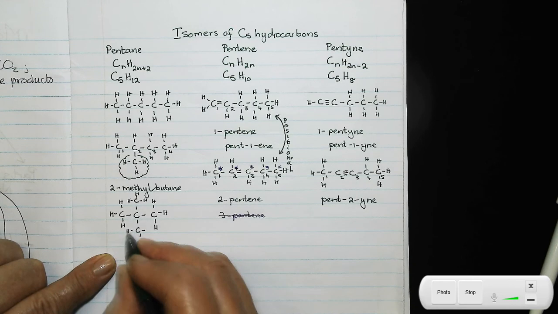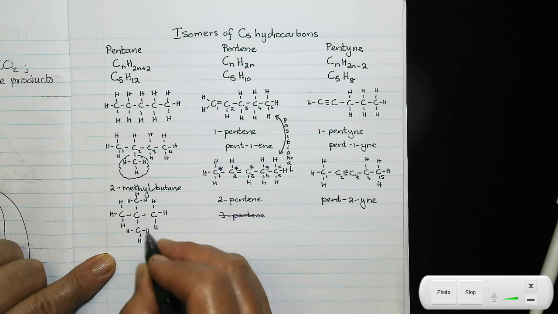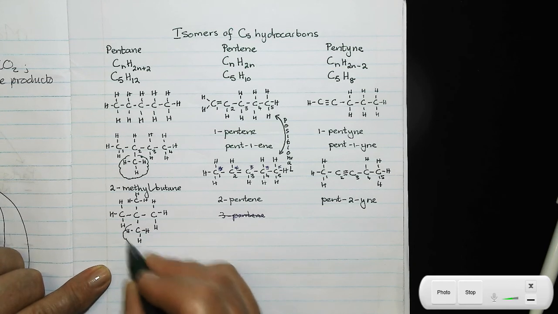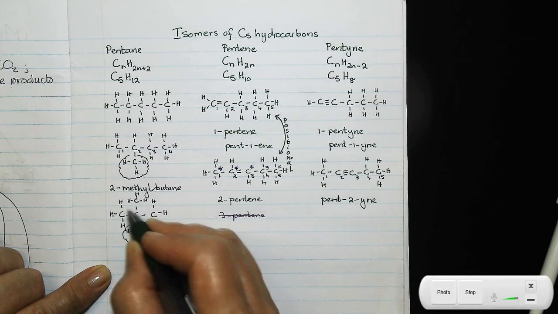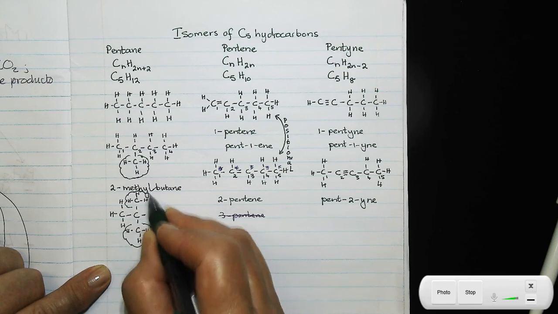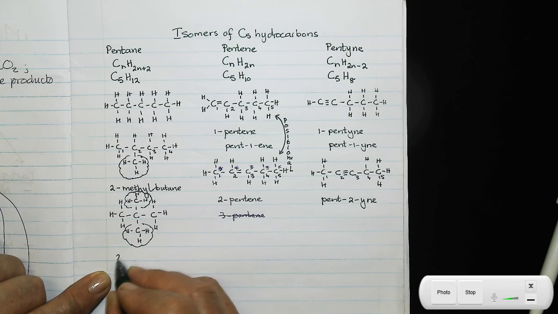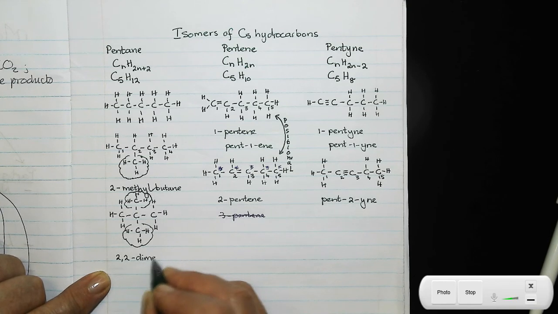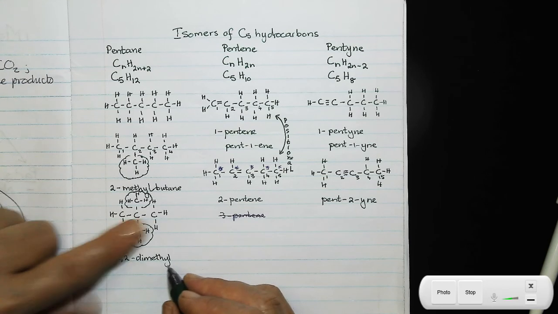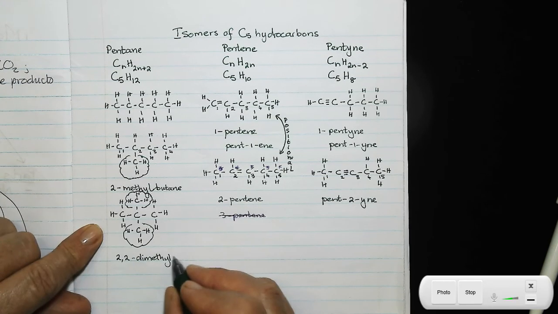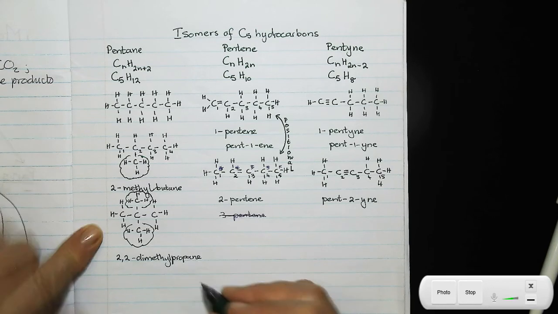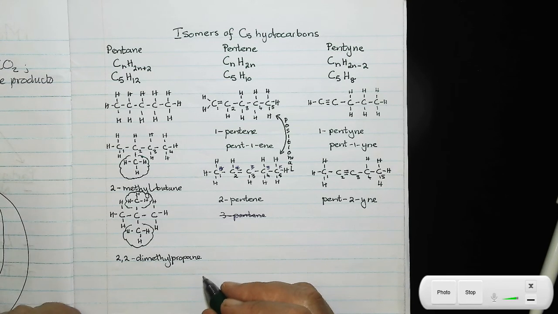So here, if we've got 2 methyl groups on the carbon, it becomes a dimethyl. So on this 2nd carbon here, we have 2,2-dimethyl, and the basic name for this chain would be propane, because it has 3 carbons in the longest chain.